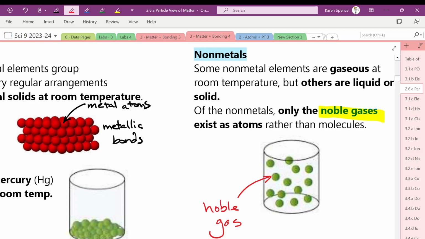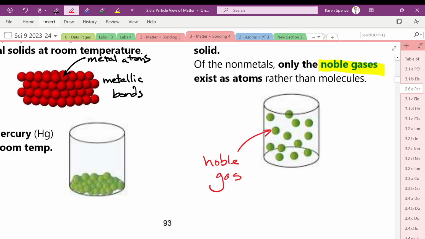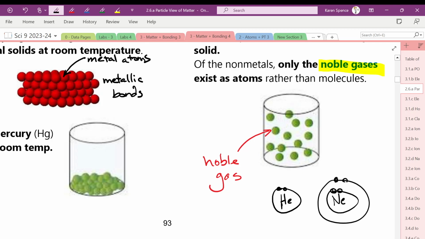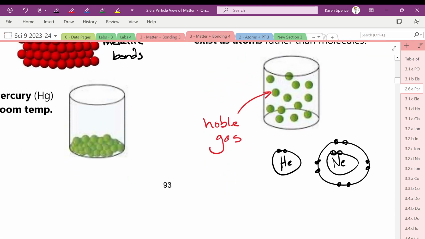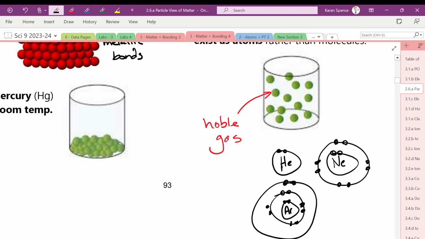Not because they're heavier than air, but noble gases, here's helium. Here's our neon. Here's argon. Except for that electron should be on this shell.